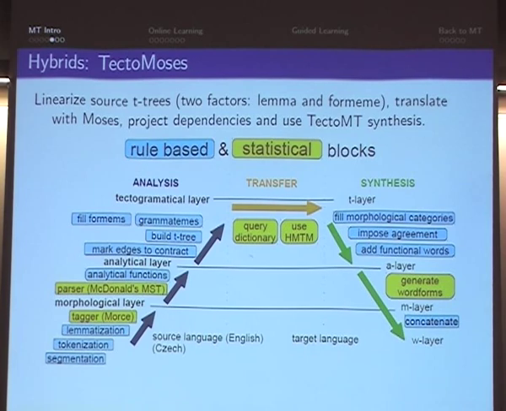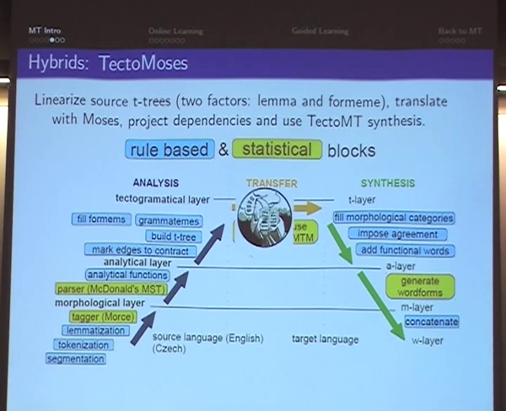And I had an idea to use Moses for this part. So substitute the maximum entropy model and hidden Markov models with Moses. So I asked Aleš Tamchina for help, because I cannot do so many experiments and I'm not so experienced in running Moses.